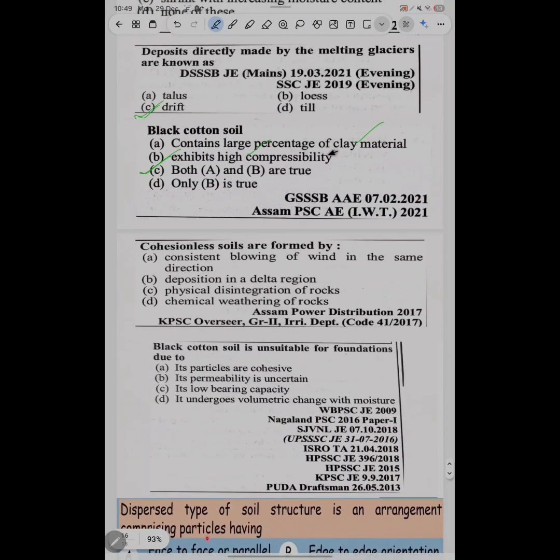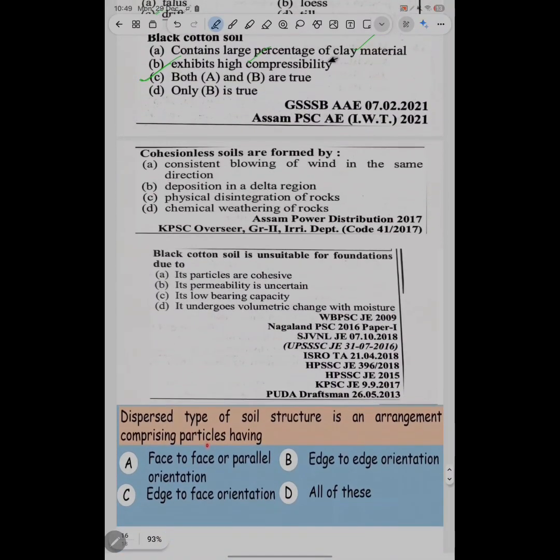Next question. Cohesionless soils are formed by constant blowing of wind in the same direction, deposition in a delta region, physical disintegration of rocks, or chemical weathering of rocks. For chemical weathering of rocks, fine grained and cohesive soil is formed.